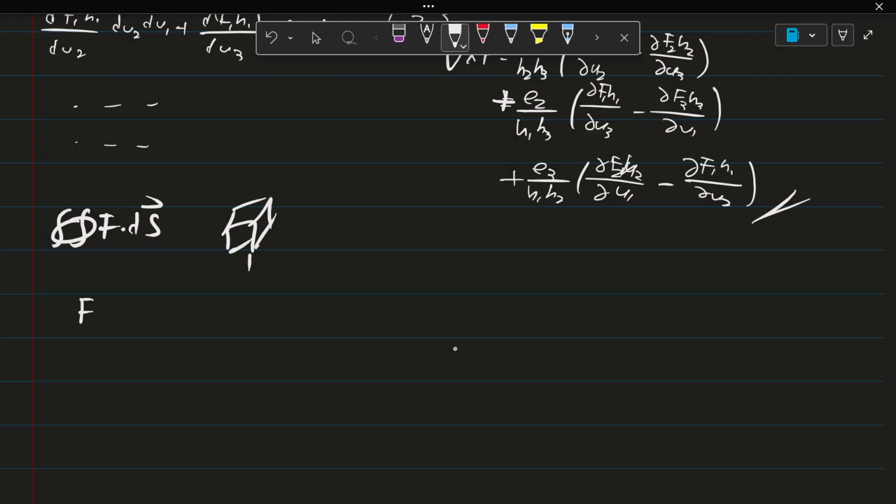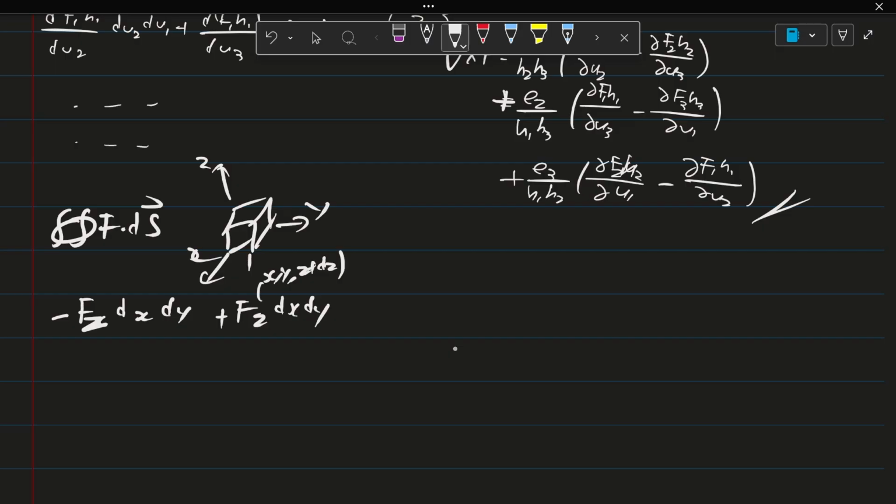So we could have fx in the dy dz. If we denote this to be xyz, this would be in the negative direction, and technically this is the negative fz dx dy, and then you would have the component in the fz dx dy of the dz, but instead it will have a difference in x point y point z plus dz.